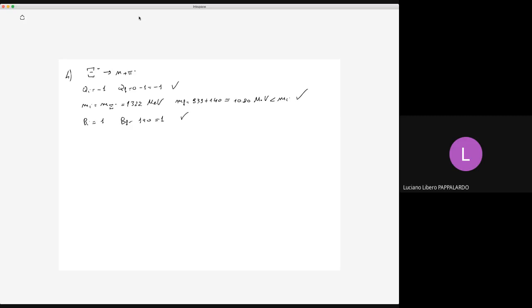Let's check isospin. The isospin in the initial state is 1/2. In the final state, we have to combine I of the neutron, 1/2, and I of the pi minus, 1, so |1/2 minus 1| smaller than or equal to I, smaller than or equal to 1/2 plus 1.